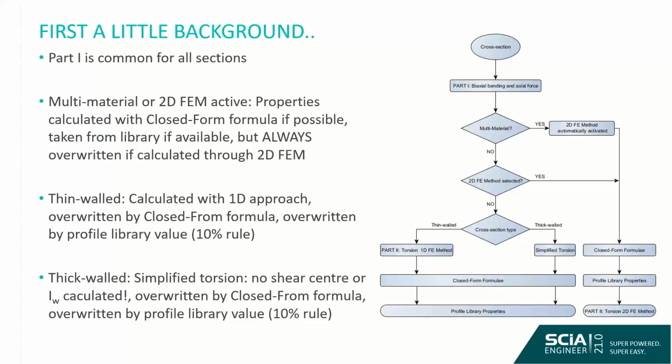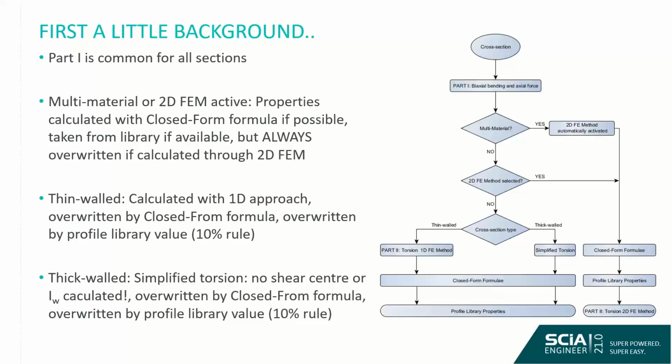These are basic formulas for standard shapes where we know, okay, for an I shape, this is the warping generally, etc., etc. And then, if you take a section from the profile library and the section properties are known, then these will be taken and will override the closed form formulas.